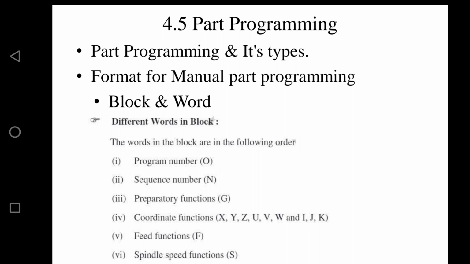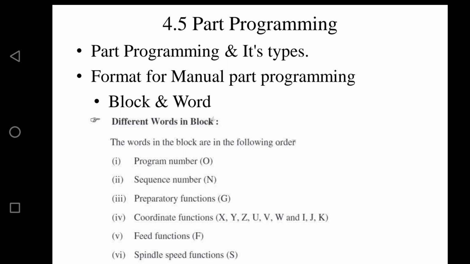Next, very important codes are the preparatory functions. The preparatory functions are indicated by the letter G and are called G codes. They are used to prepare the controller for the instructions that are to follow. The letter G is followed by a 2-digit number.